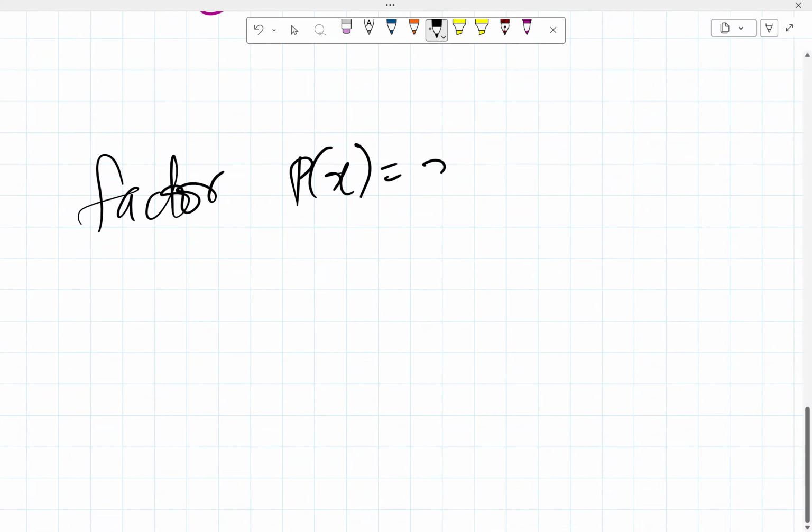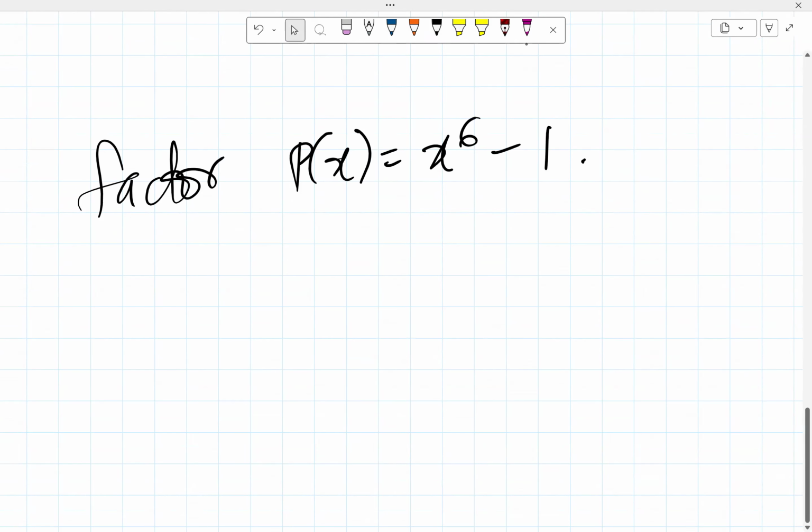So we want to factor P of x equals x raised to 6 minus 1 completely, right? I mean, we can already get some real factors. So let's try to exhaust all the possibilities of getting real factors.